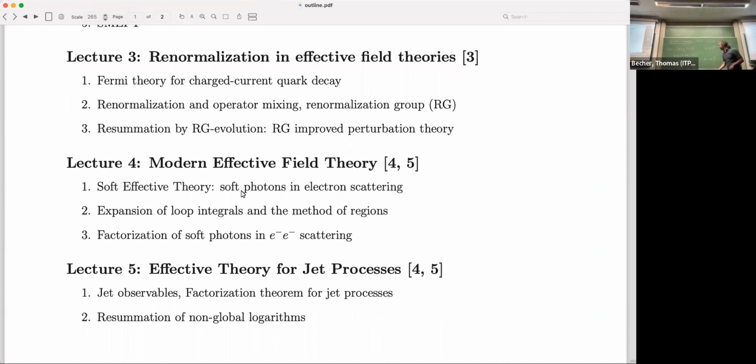Remember these. Now we can do a quiz, and I can write down operators, and then you tell me what the dimension is.